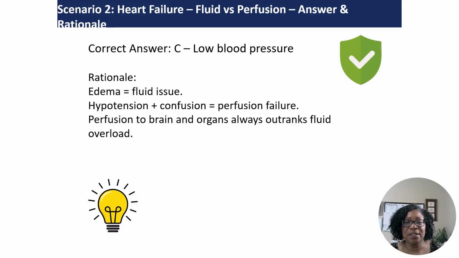But the hypotension, the confusion shows you that it's a perfusion problem. And perfusion of those organs is always going to outrank fluid overload. Okay. And that's what I'm trying to get you to understand. All right. Let's move on to scenario 3.